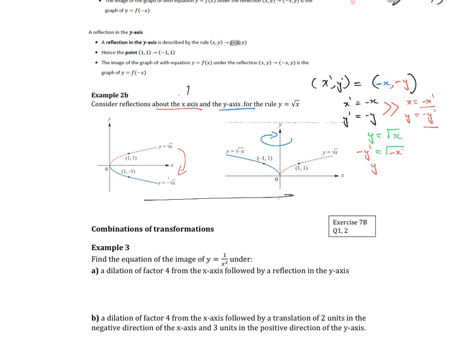So rearranging, I get y is equal to the negative square root of -x. So I can leave the dashes off again because that's just my new equation. So if I wanted to sketch this one in here, it's a reflection one way, and then it's the reflection the other way, isn't it? So that one there is y equals minus square root of -x, all right? Have a go at that process, see how you go.